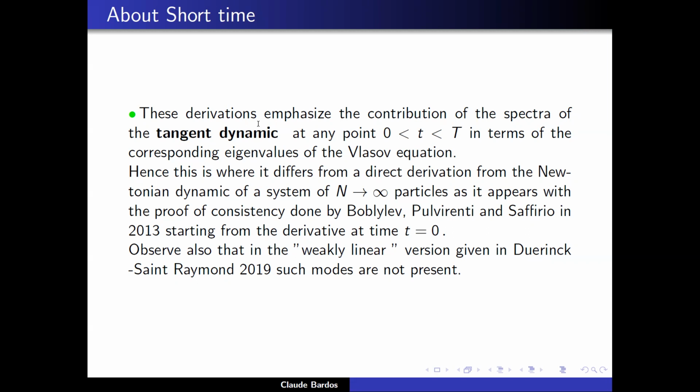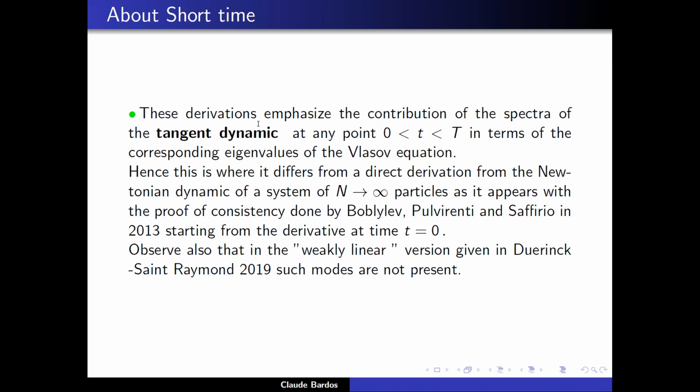But at each step, you try to replace this dynamic, for small time, by the dynamic computed with the tangent derivative to the flux. And this tangent derivative can be an increasing or decreasing mode. What I have shown here is that when I do this type of thing, I can construct an approximation of order epsilon square and higher order.